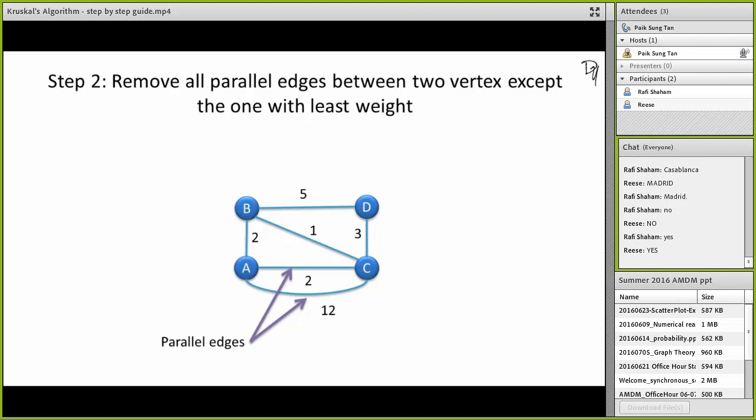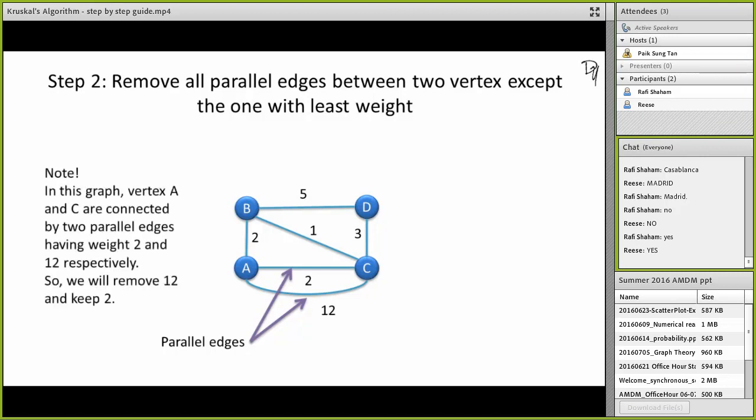Now, if you have parallel edges between two vertices, except the one with the least weight, you have to remove them. So between A and C, there are two choices. You want a minimum, so you keep the smallest number.